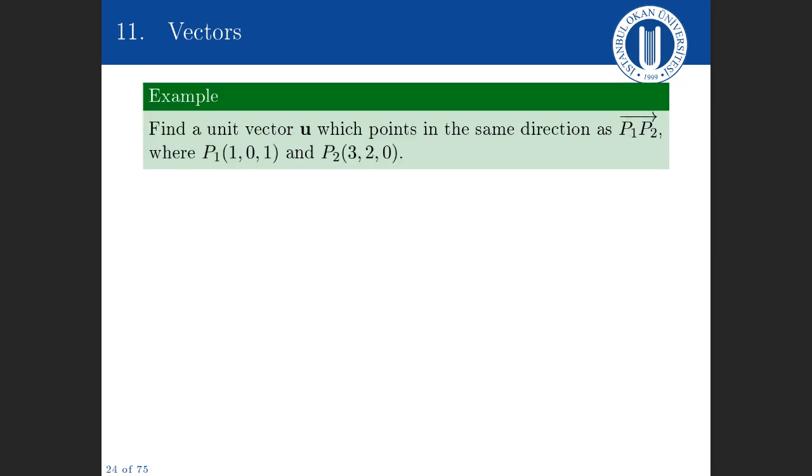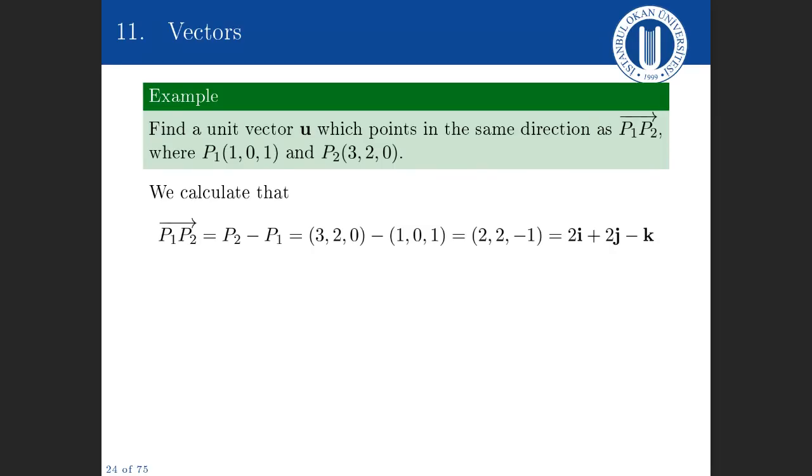For example, find a unit vector u which points in the same direction as the vector p1p2, where p1 is the point 1, 0, 1 and p2 is the point 3, 2, 0. First, we need this vector in component form. So we do terminal point minus initial point, p2 minus p1. We end up with 2, 2, minus 1, or in the second type of notation, 2i plus 2j minus k.